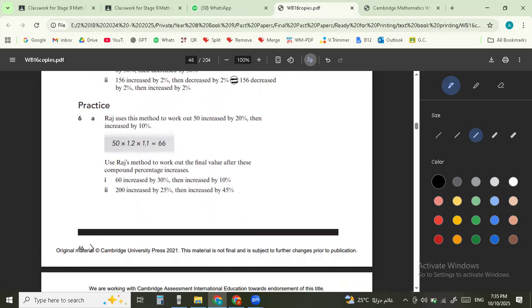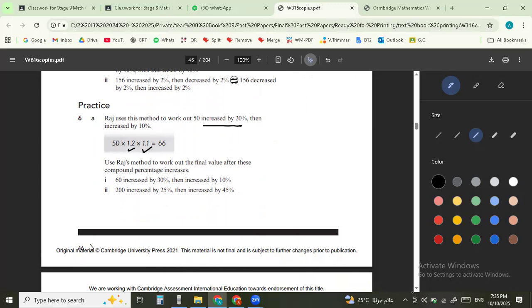Raj uses this method to work out 50 increased by 20%, then increased by 10%. He just said 50 times the multiplier of increasing 20%, which is 1.2. Then increased by 10%, the multiplier 110 divided by 100 is 1.1. That's the same method that we do.